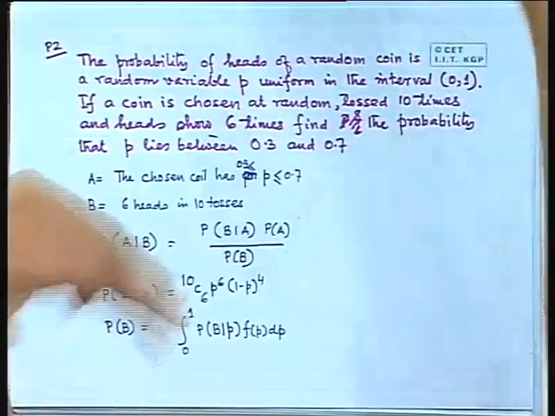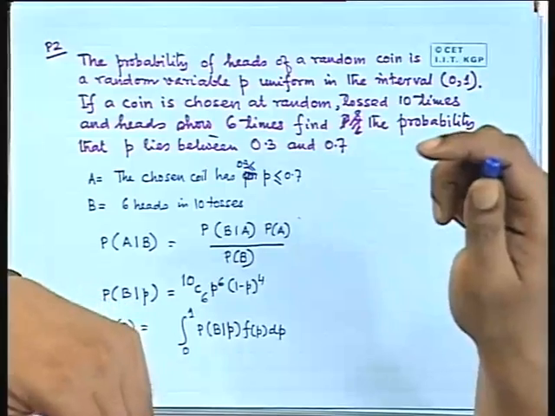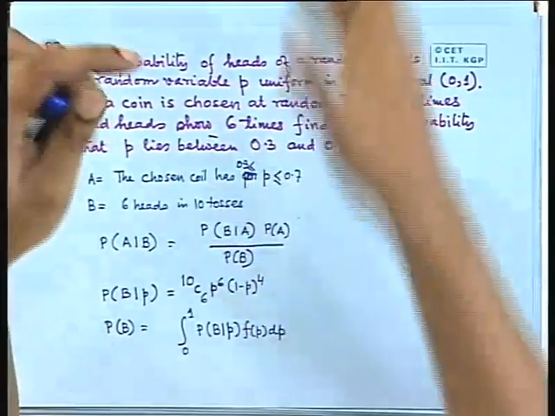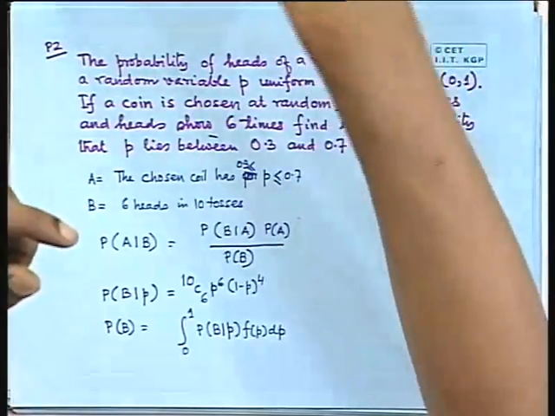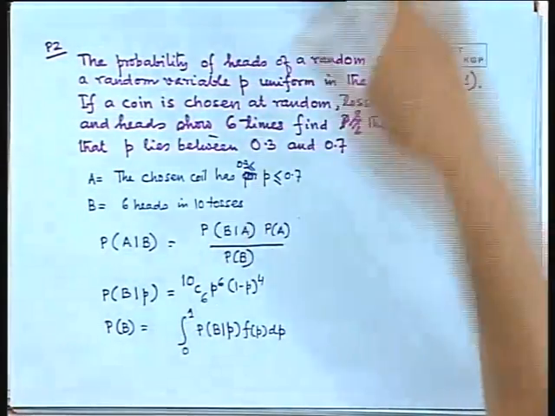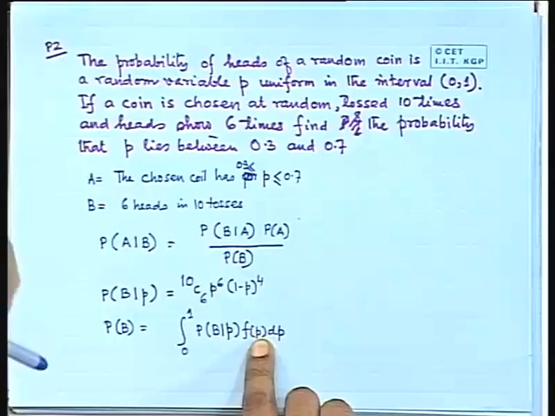Suppose for each coin you do 1000 tosses, and you pick 1000 coins, so now you will calculate this number of heads and tails over 10 to the power 6 tosses. Now when you pick them up 1000 times, what will be the frequency of a given p coming up? That will be given by this f(p) dp naturally. So that's why you have to integrate. Are you getting the idea? So this is probability of B.